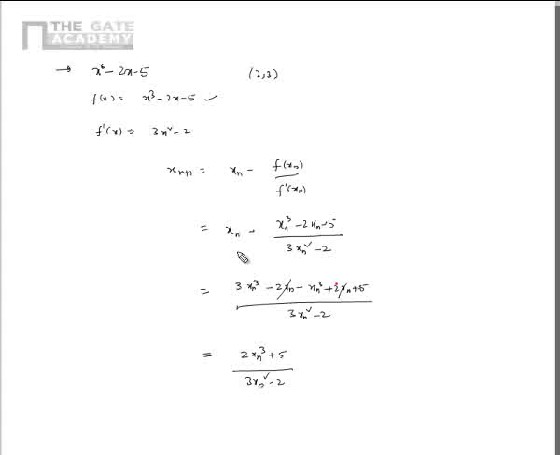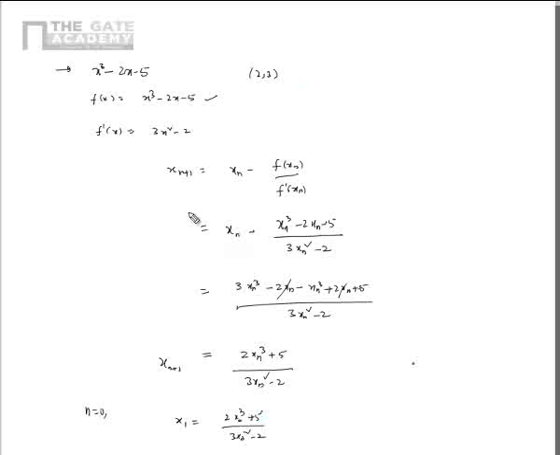So you have brought x(n+1) and xn directly into one relation, and now it's just substitution. Starting with n equal to 0, x1 is (2 x0 whole cube plus 5) by (3 x0 whole square minus 2). Now what value to take for x0? We'll take the rightmost value, because this is a tangent method.